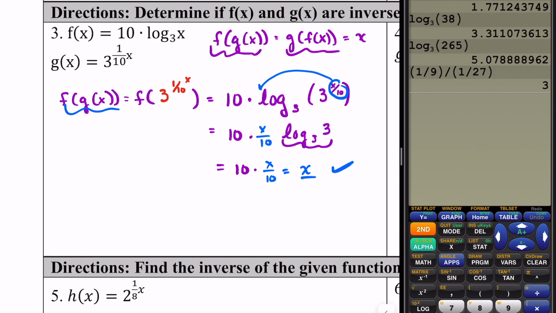But now we have to prove the other half. Does g of f of x also give us x? That would be g of, now f of x is 10 log base 3 of x. So we're going to substitute that into function g. So here's function g, 3 to the 1/10 times 10 log base 3 of x.